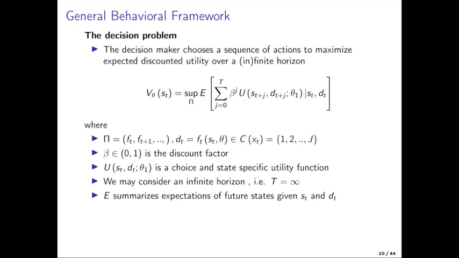Harold Zurcher's horizon is infinite, but this idea also applies to finite horizon models. In that case, we just have to index the value functions and the choice probabilities with the index of time, and solve the model by backward induction instead of finding a fixed point.